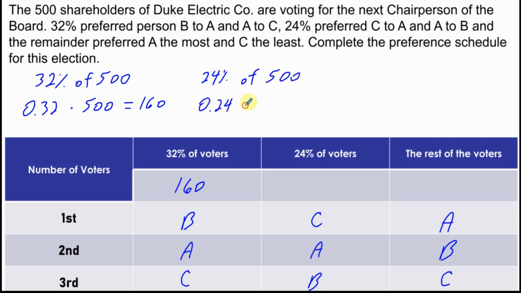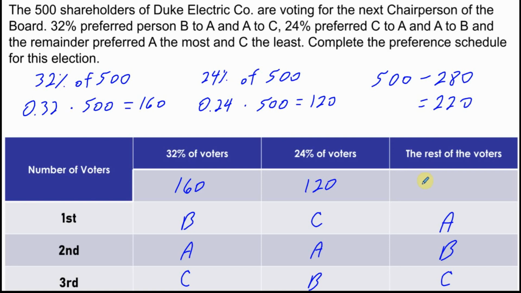So 0.24 times 500, and that gives me 120. And now we need the rest of the voters. So I know there were 500, and I know how many I have here already. That's a total of 280. So there were 500 voters. 280 of the votes are already taken care of here. That leaves me with 220. So I know 220 voters had this preference.